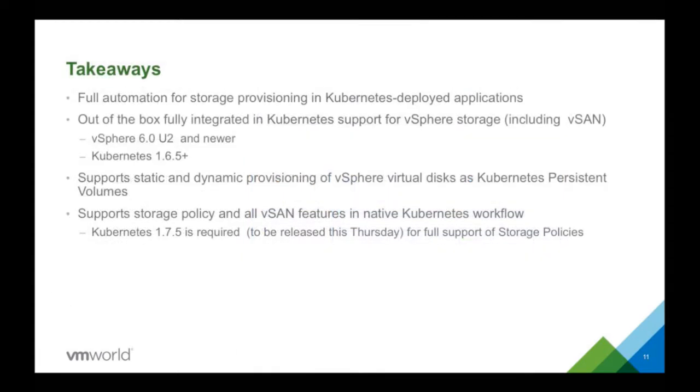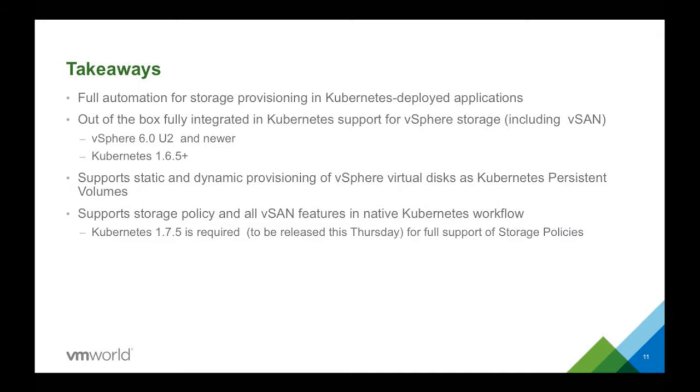What I wanted to emphasize in this 10-15 minute walkthrough is that everything you know about vSphere storage stays. You define it the way you define it today. Everything you know about Kubernetes stays. The only thing you have to do is create the storage class saying, this is my policy in vSphere, and this is my name in Kubernetes.